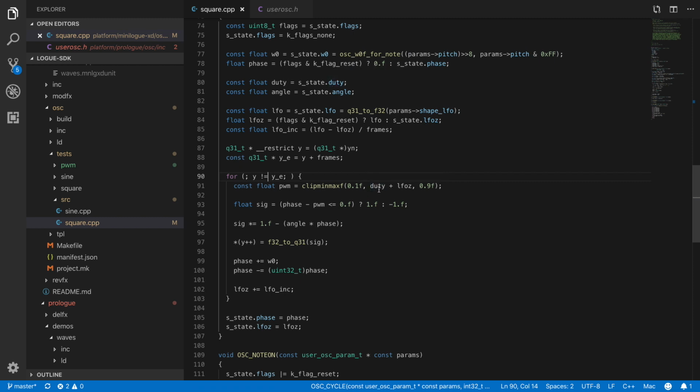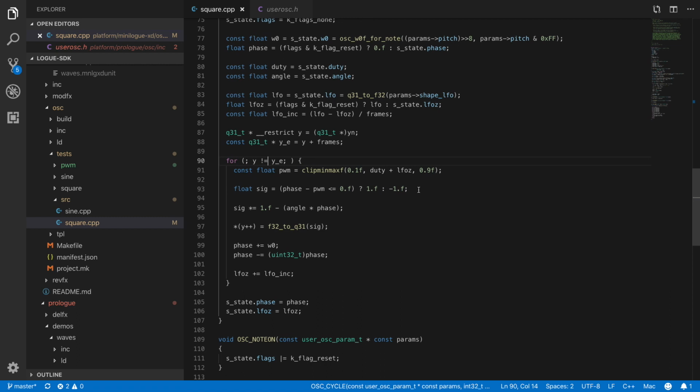So this was 10% at the beginning, plus the amount from the LFO. But then don't let the result over here go out of bounds of 0.1 at the low end and 0.9 at the high end, and put this into PWM.